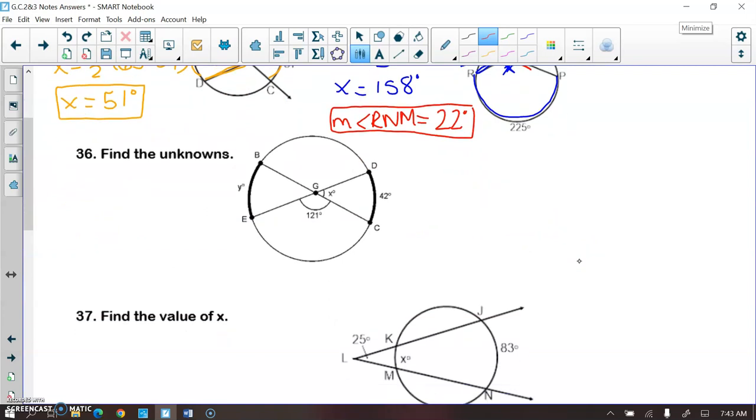I want to find the unknowns for this. So, this angle here is a central angle. A central angle is equal to the arc that it intercepts.